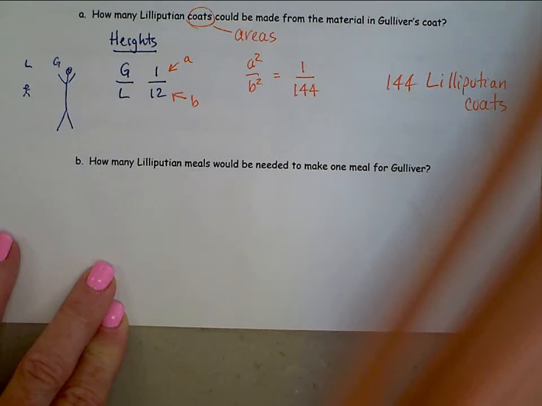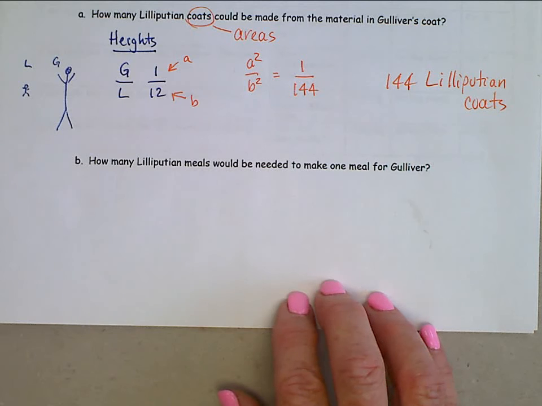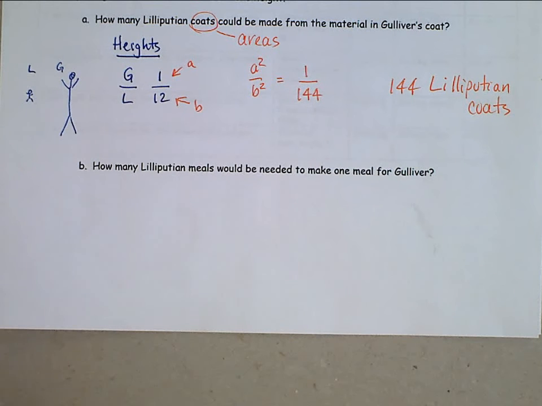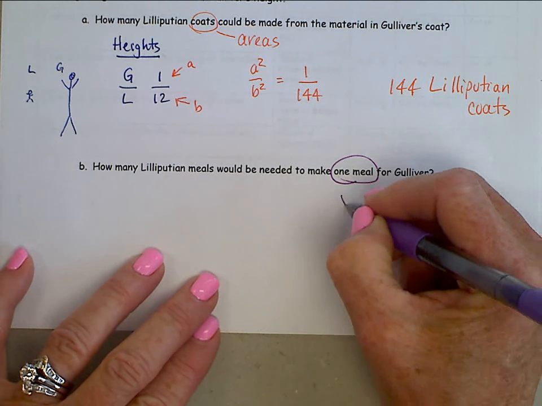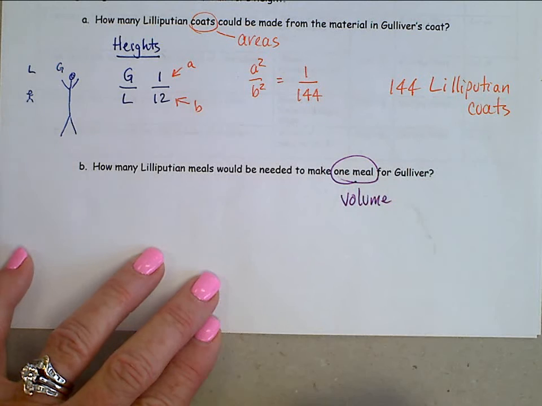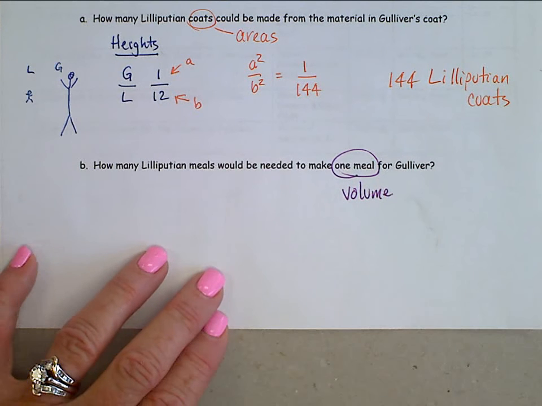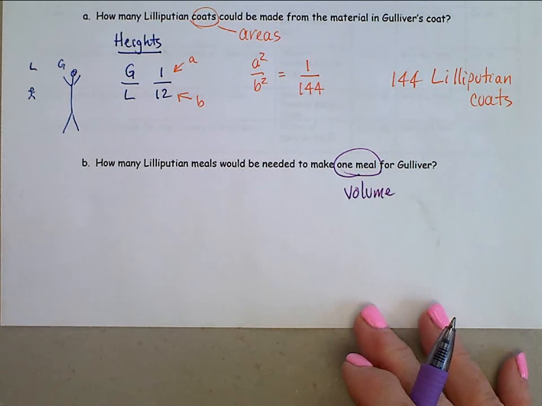Okay, and down here, this last bit, how many Lilliputian meals would be needed to make one meal for Gulliver? A meal is volume. You're eating food that is three-dimensional in size. It's not flat, it's three-dimensional.